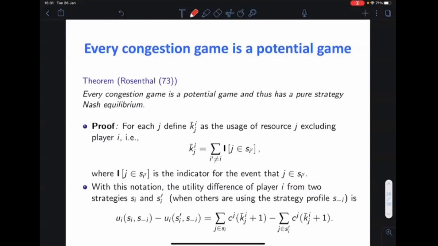I just want to quickly go through one of these widely used, well-known theories: every congestion game is a potential game, therefore it has a pure strategy Nash equilibrium. So this congestion game has quite a nice property.